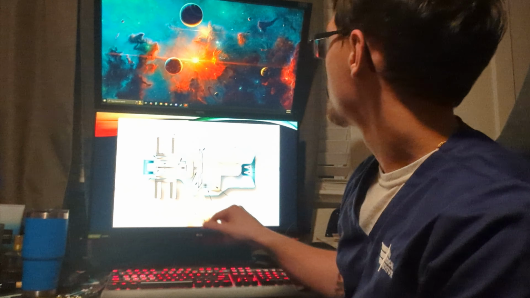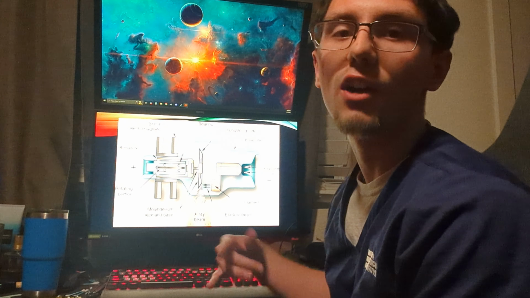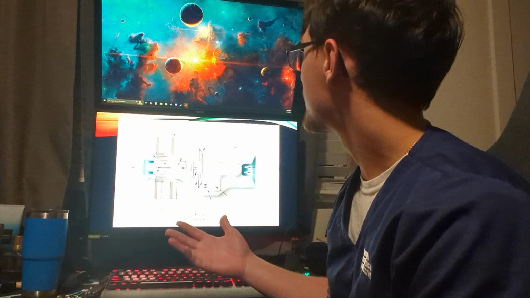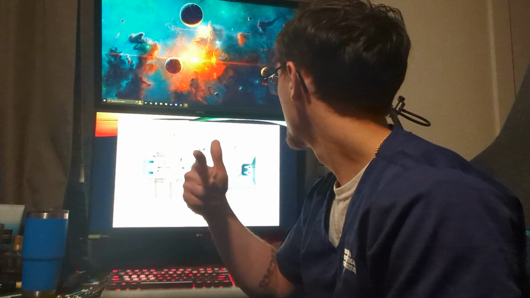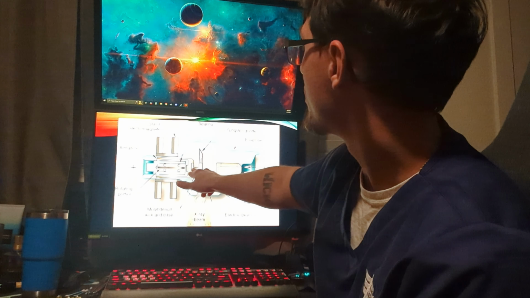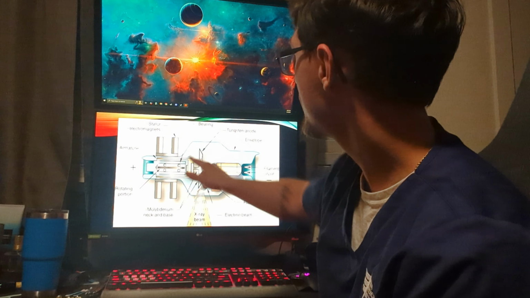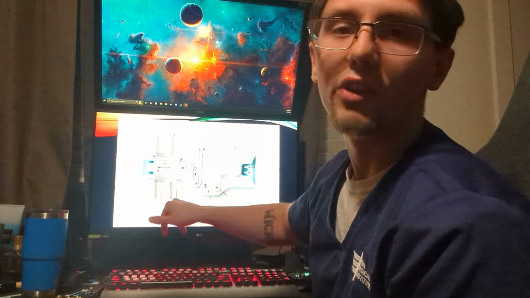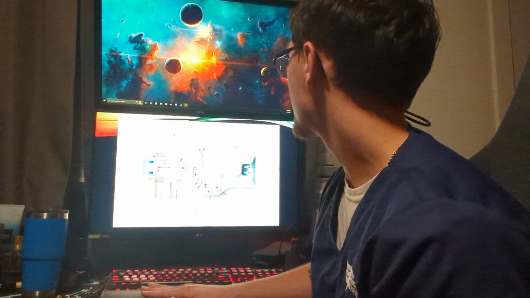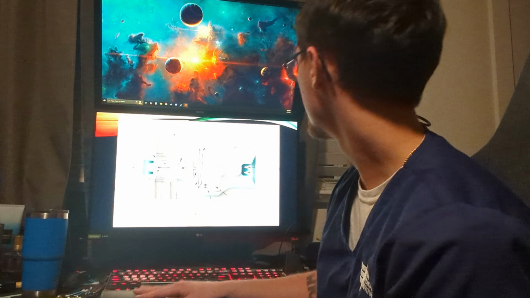I'm not sure if I mentioned this, but the actual anode disk will be made of a tungsten rhenium alloy, because of the tungsten for its high atomic number and high melting point, and then the rhenium for its elasticity. The rest of this, the neck here and the back of the anode disc, will be made of a molybdenum base, which is a cheaper alternative that also has very high heat resistance.